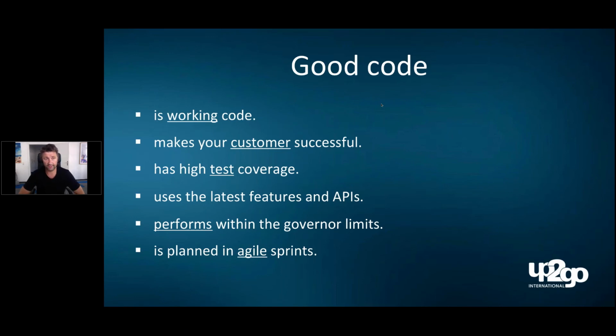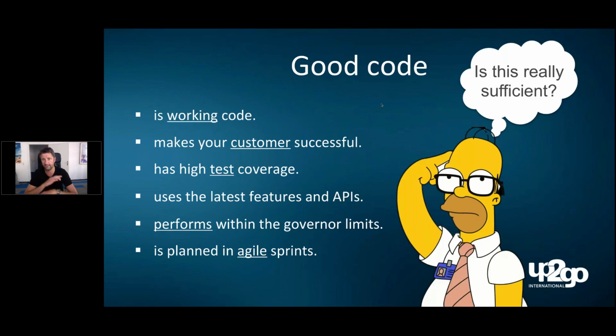It behaves well within the restrictions of the governor limits, and sometimes good code is even described by how it was created or designed, for example, in agile sprints. But for me, this is very abstract. This is very far away from the actual code. So I think this is not sufficient.